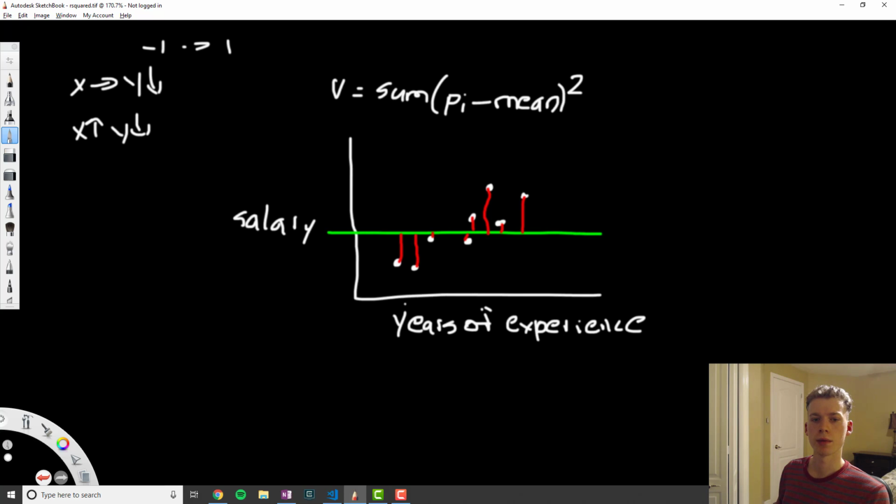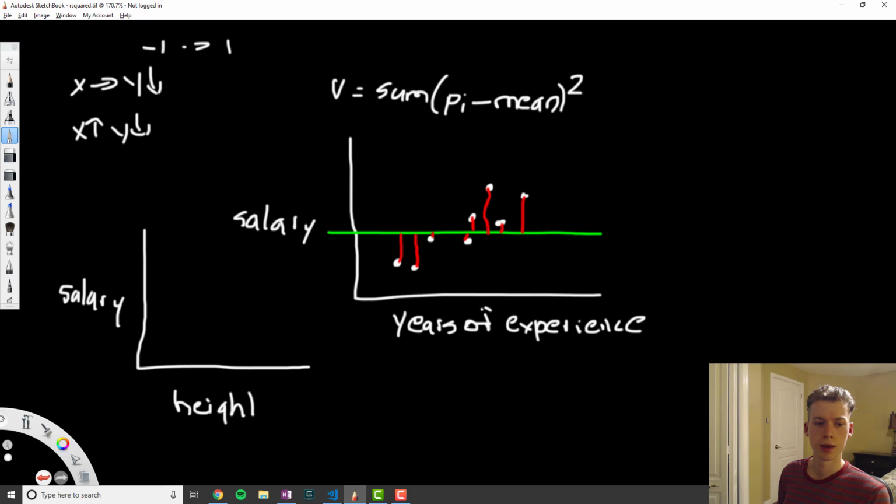And a really important fact about means is that, let's say I drew another graph for salary, but this time, instead of looking at the person's years of experience, we look at their height, and we try to map the relationship between salary and height.